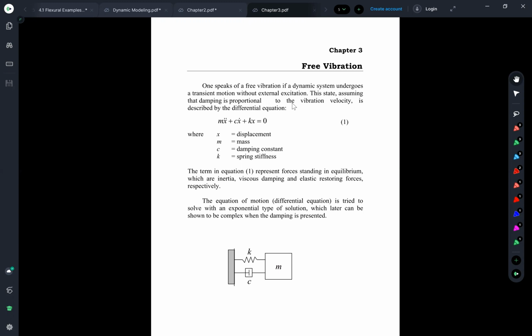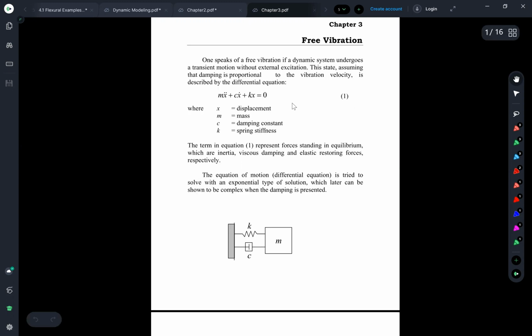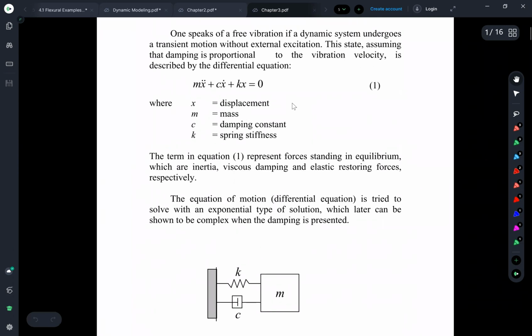When we apply the force equilibrium and assume there is no force, this is the case we are considering. Let me use the pink. We assume there is no external force on the system, and we try to derive the equation of motion.